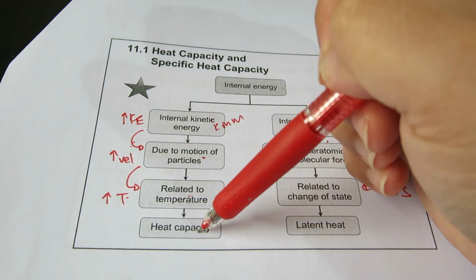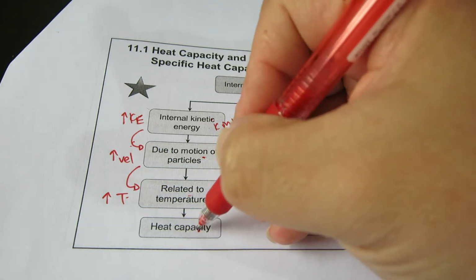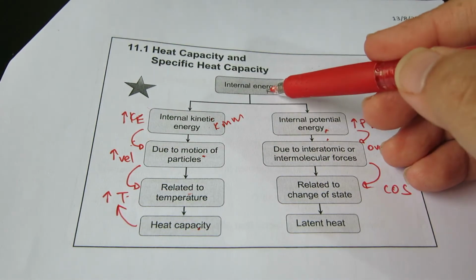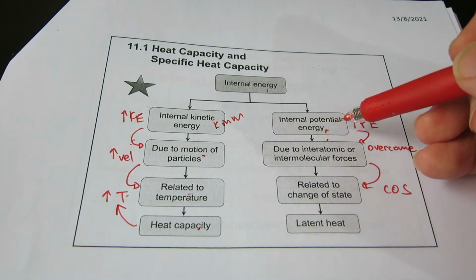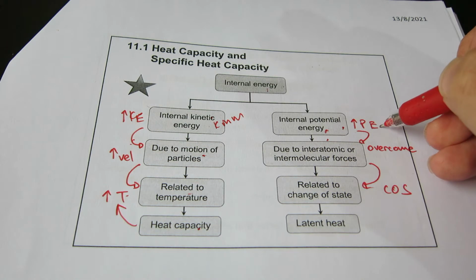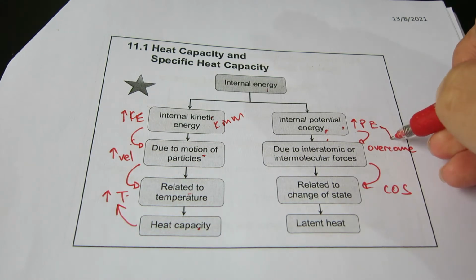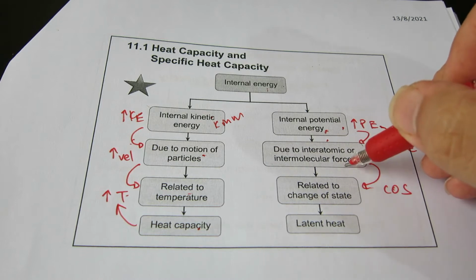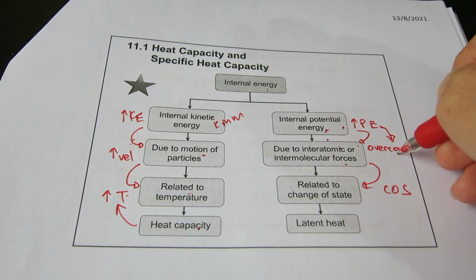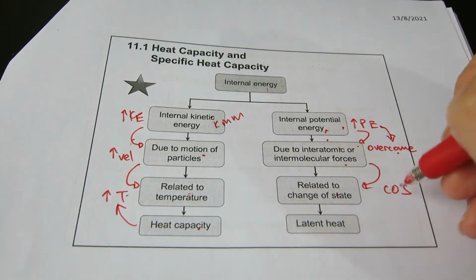Now, later on we'll be covering a concept called heat capacity. It is to do with temperature change. Now, the second portion that makes up internal energy is the potential energy. When an object has a higher potential energy, or I'm increasing the potential energy, what it is doing is overcoming the intermolecular forces of attraction or interatomic forces. When you overcome these forces, then you have a change of state.